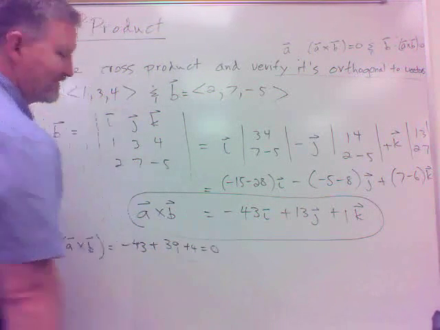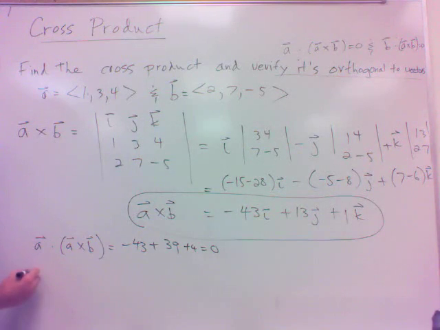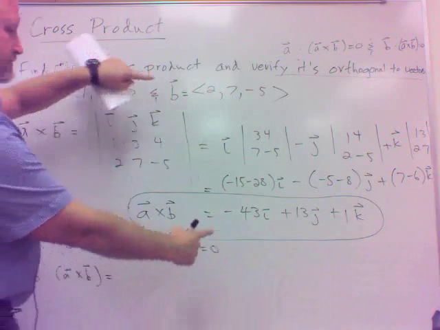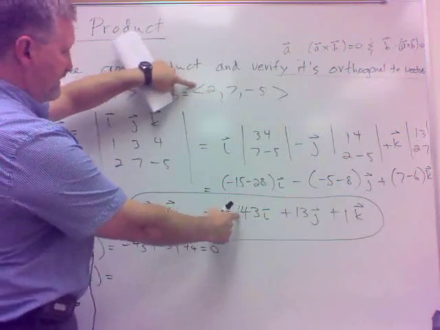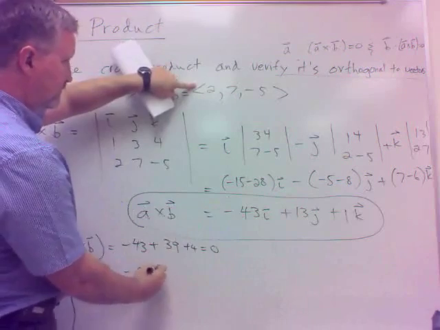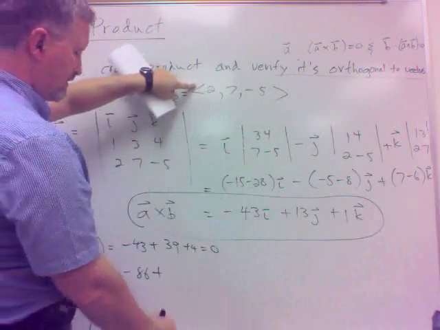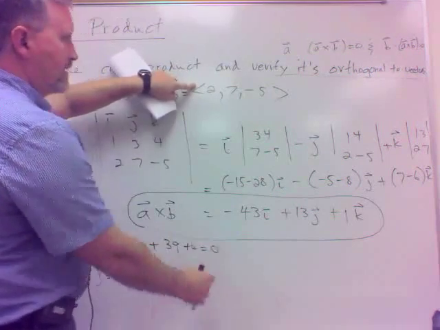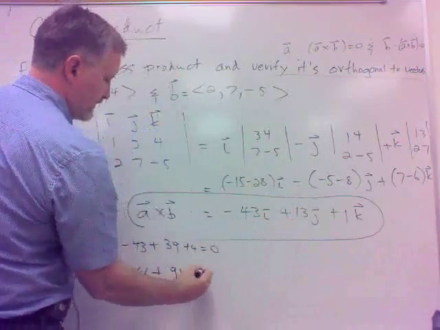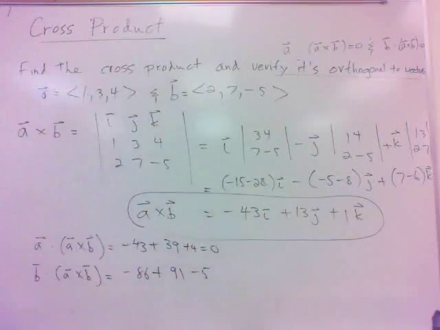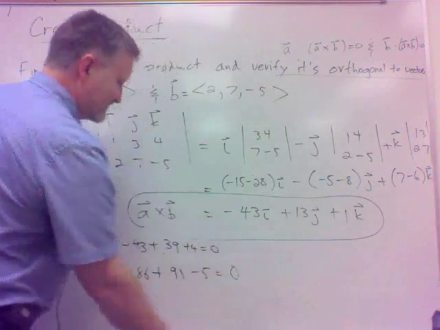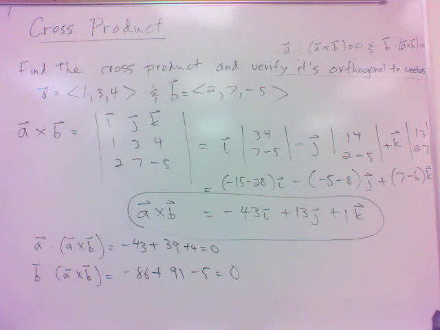That's 0. Ta-da. All right, then B dotted with the cross product, be negative 86 plus 7 times 13, 91. And then negative 5 times 1 is negative 5, okay. It'll be 0. Sure enough. So it's orthogonal to both.